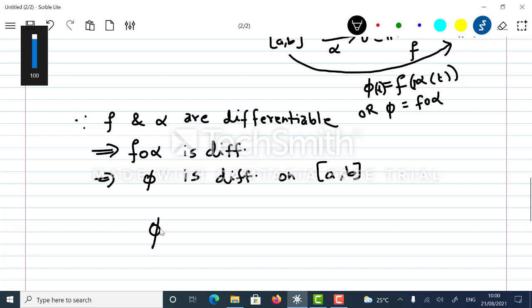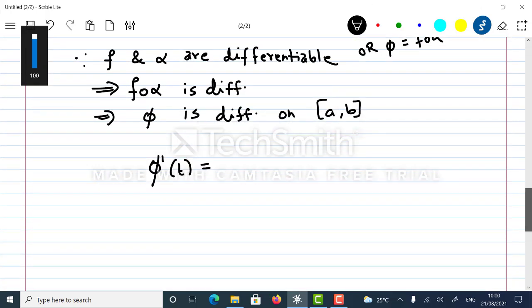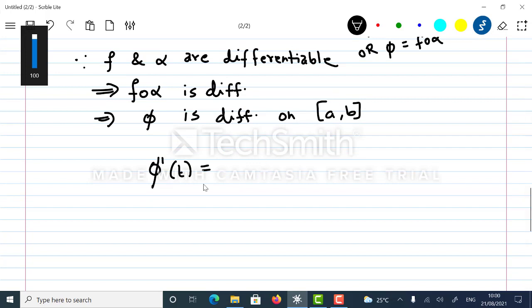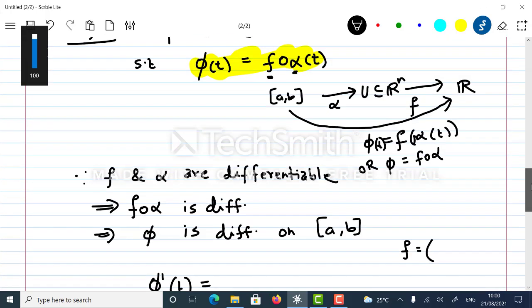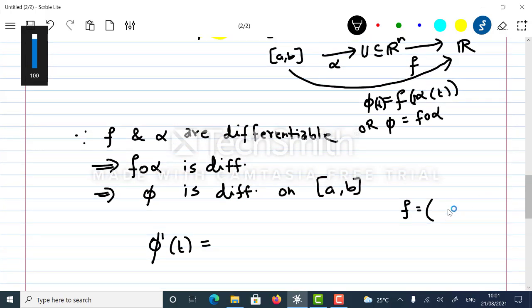So what will be phi dash t? Here I need to use the chain rule, so please remember this. Phi of t is f of alpha t. f is a scalar field, that's true, but how does f of alpha t look?